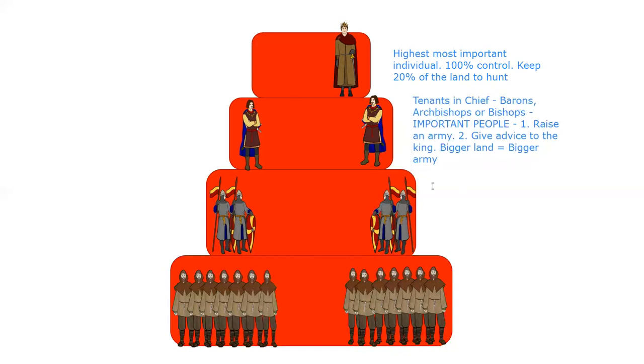What about the knights? So the knights were also important. Without knights, also known as under-tenants, excuse my spelling here on the viewer, they would protect the country. How would they do it? Very simple.